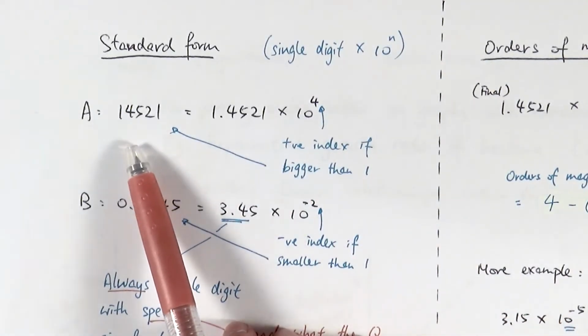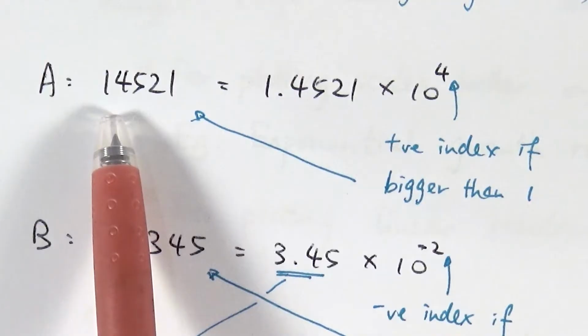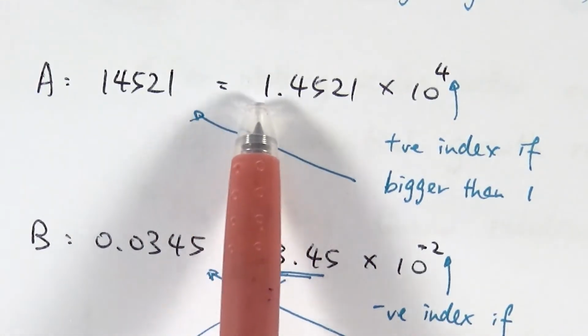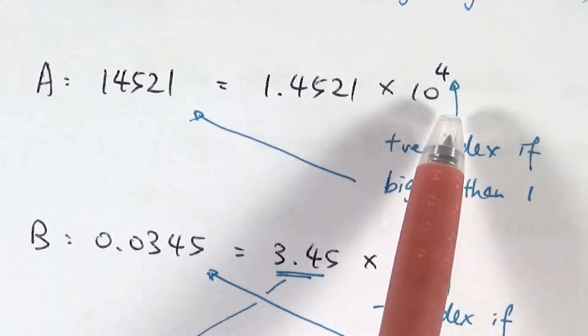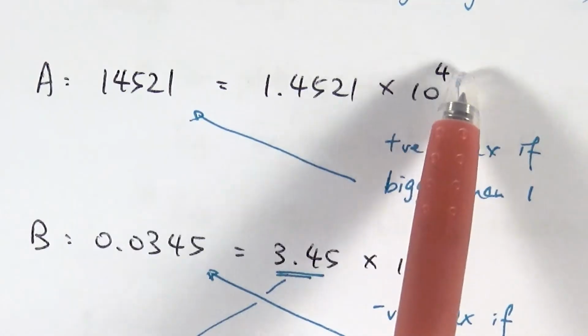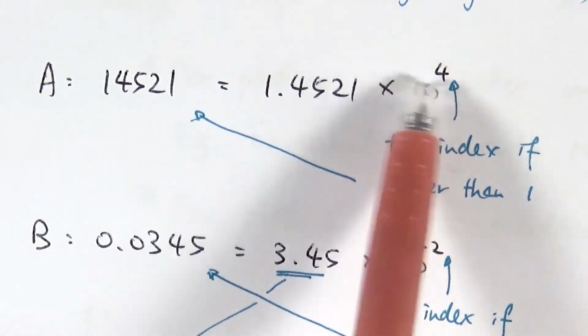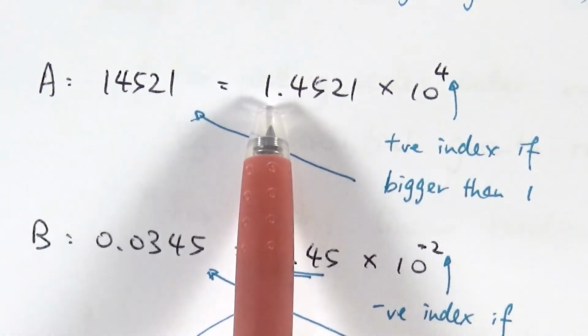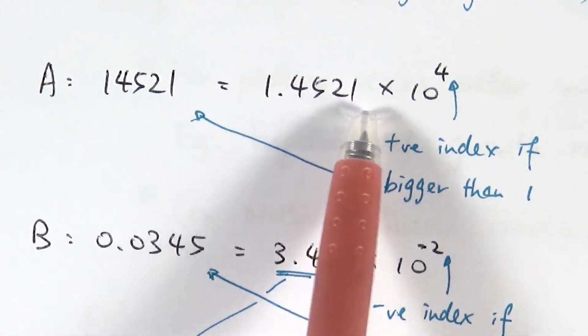So let's look at this particular example here. Let's say this number here is 14,521. I can present it as 1.4521 times 10 to the 4. You can see it's a positive index. If it's a positive index, that means in this current form I can move the decimal place towards the right.